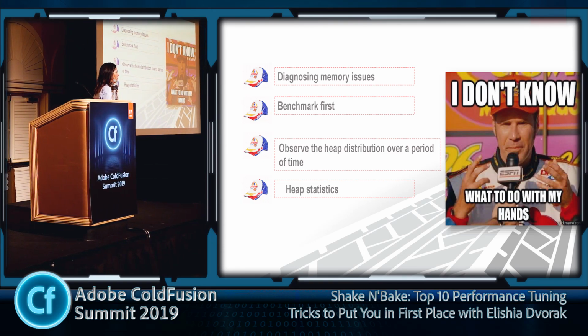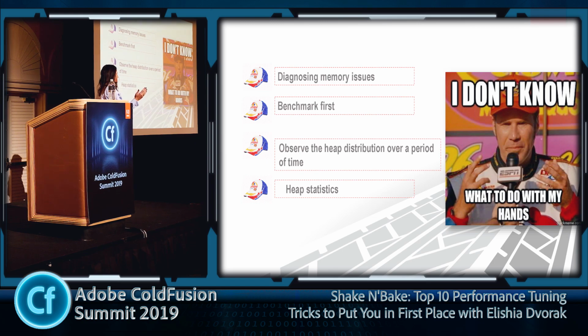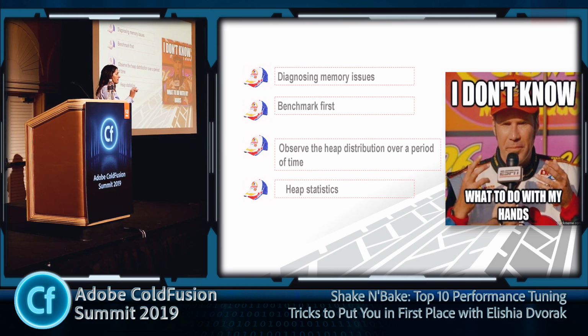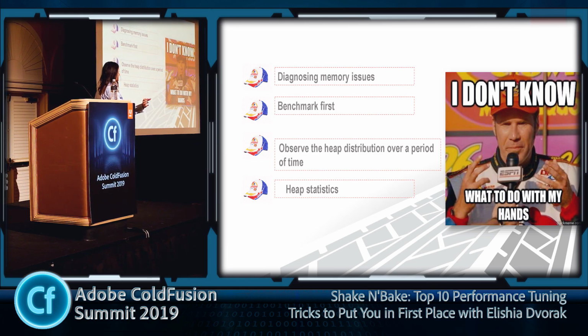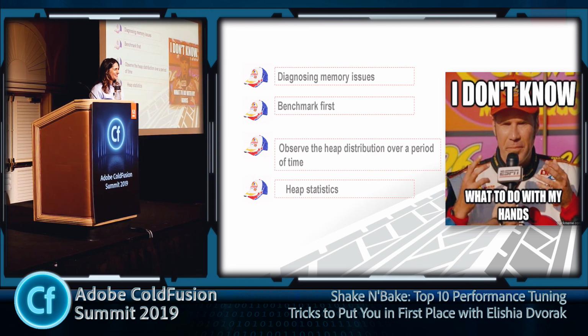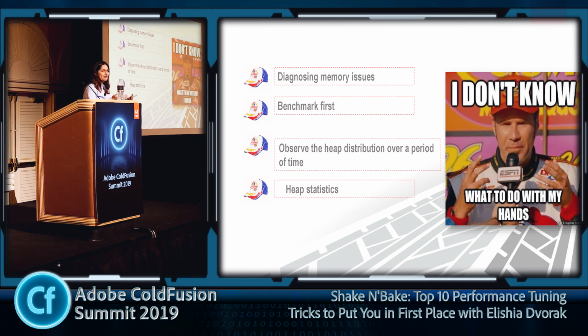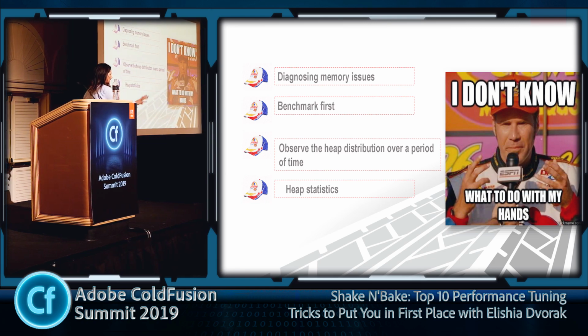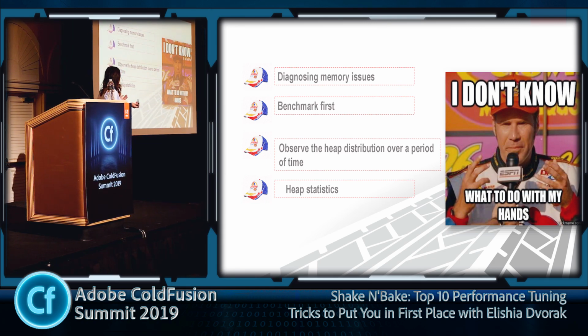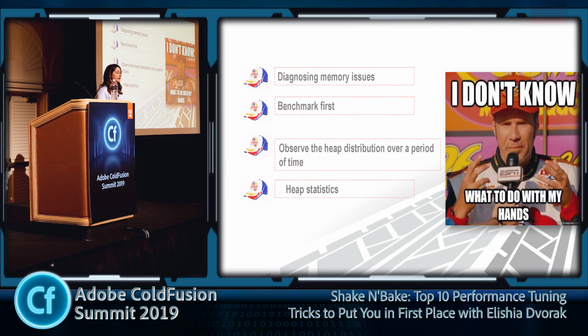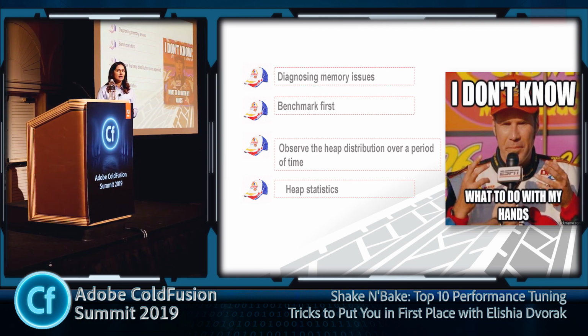If I have a 64 gig machine with a certain amount of CPU, am I comfortable with it being at 90% CPU and 90% memory? Hopefully you're not using that much memory, but you might have 50 instances of ColdFusion, all with maybe 2 gigs heap size. So it depends on how you have everything allocated.